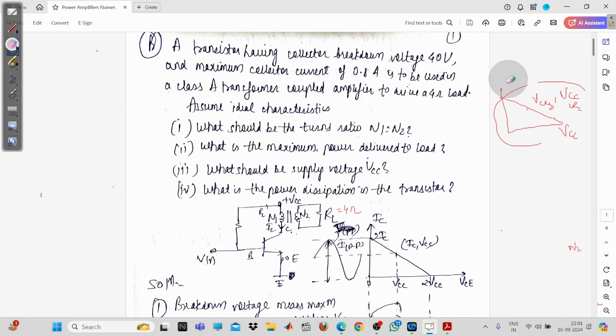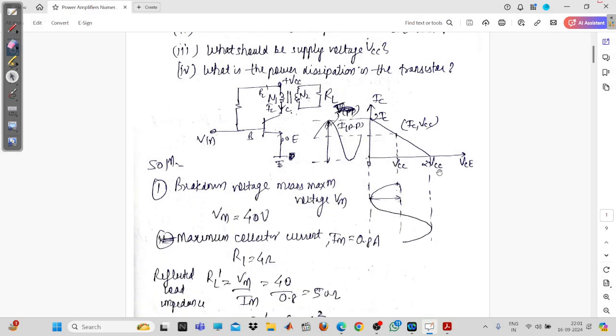Now you will have to see the maximum value of the voltage and the maximum value of the current. Coming down to here, this is the output characteristic. You can see that this is the peak to peak value, from positive peak to negative peak. So what can we write, V peak to peak will be equal to how much?